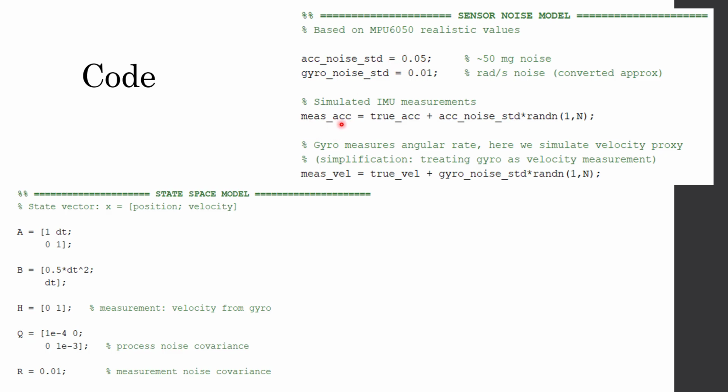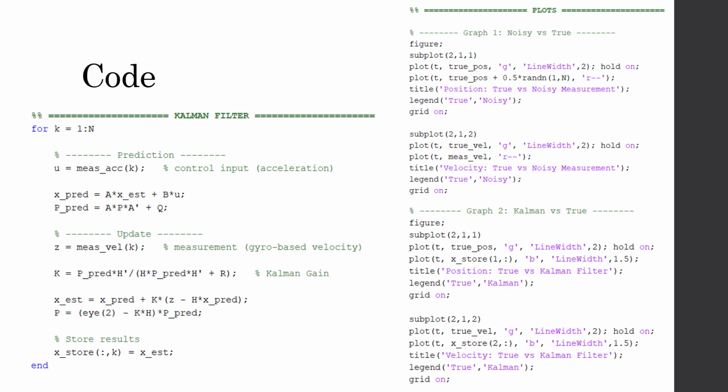So measurement acceleration and measurement velocity are gained through this process, which gives a noisy measurement that models the sensor. And then this is the state space model of the system, A, B, H, Q, R, which were derived above, and then we implement the Kalman filter.